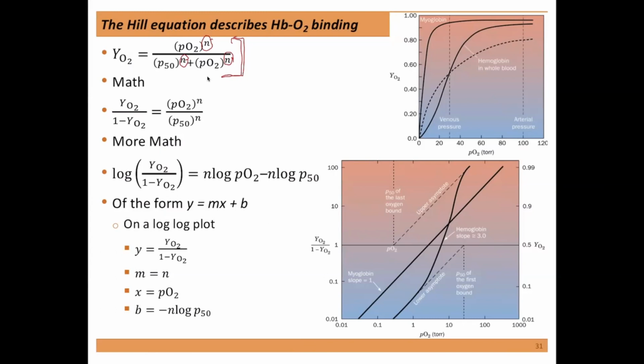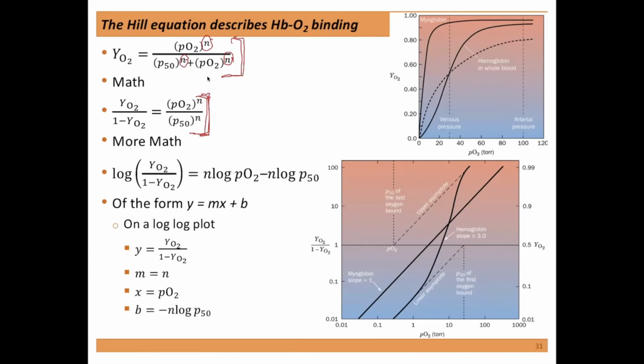And so what we're going to do is do some math, and we can rearrange and end up with this equation right here. Okay, so all we've done is rearranged it, like we did in the earlier example.